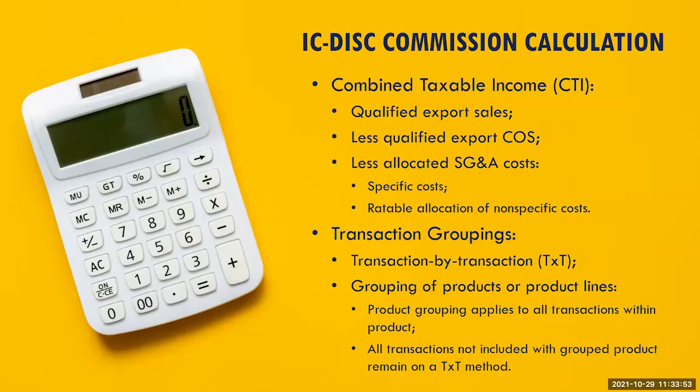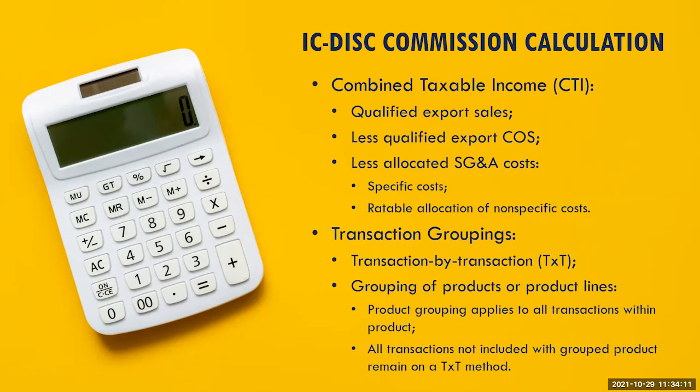So combined taxable income, simply stated, is you take your qualified export sale, subtract out your export cost of sale, and then subtract an allocation of SG&A costs.